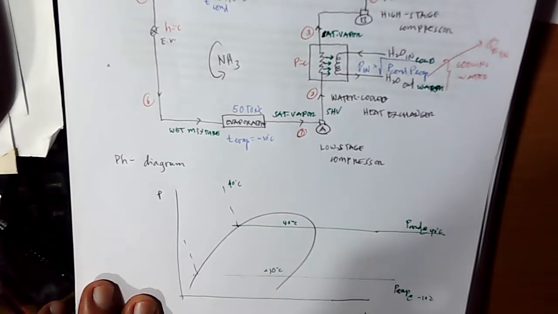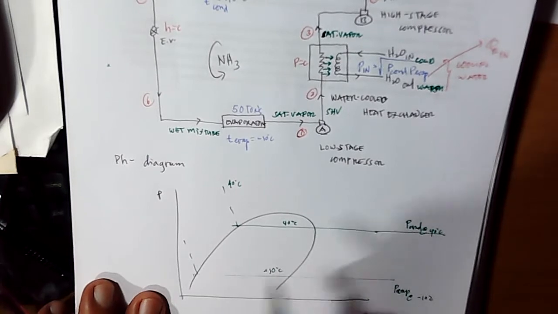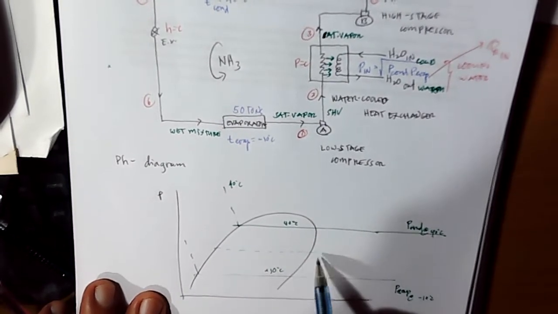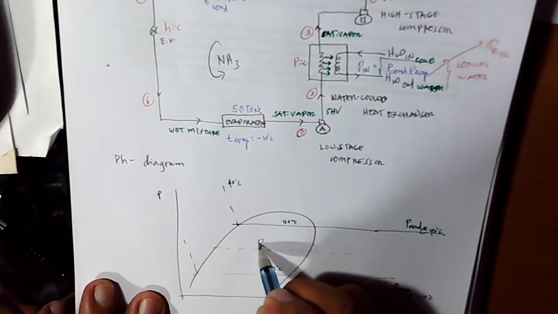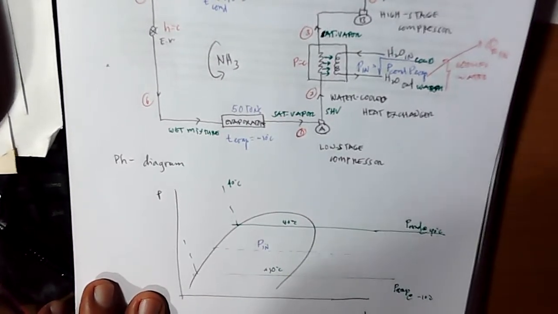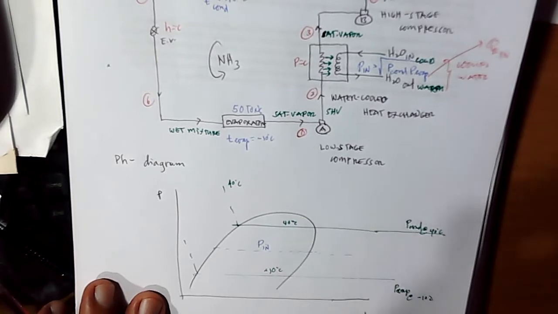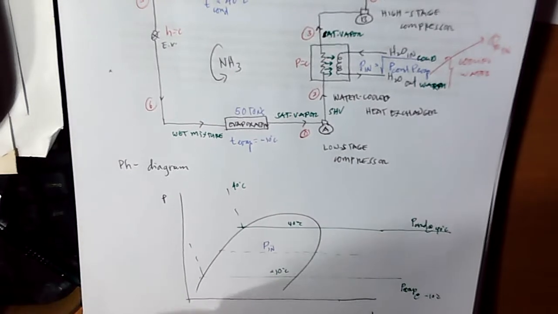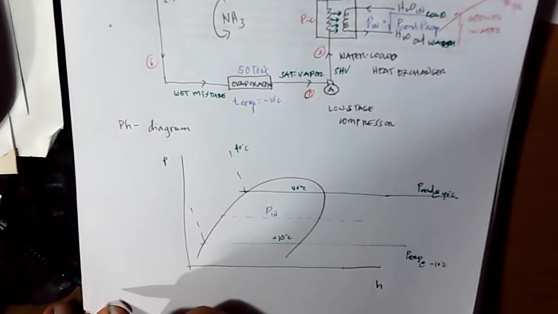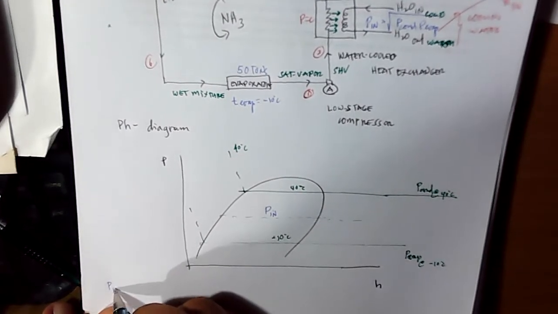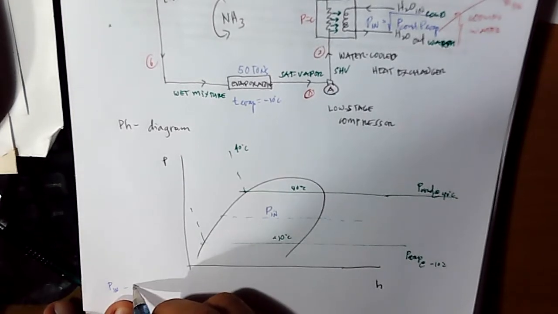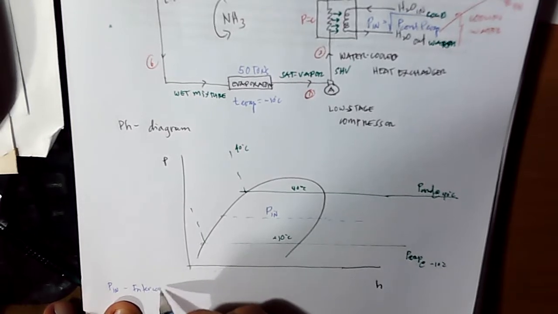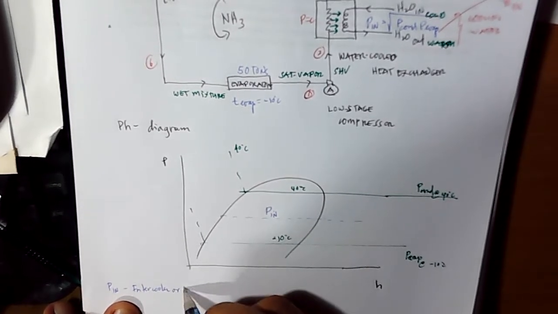So in between, it is what we call P intermediate, the intercooler or intermediate pressure.